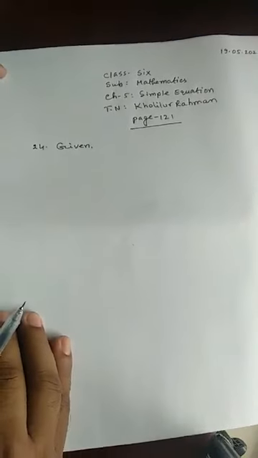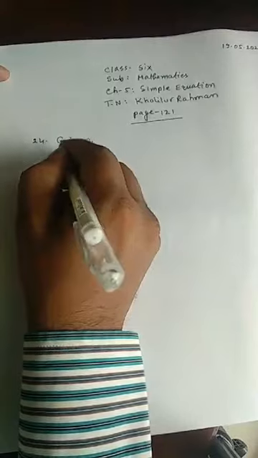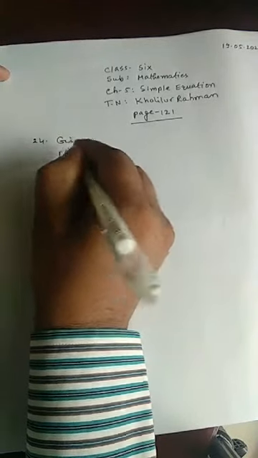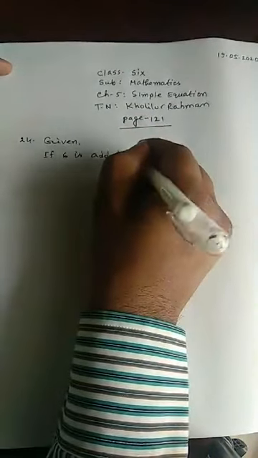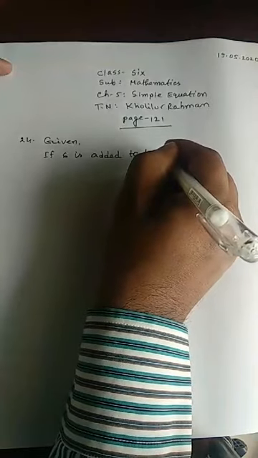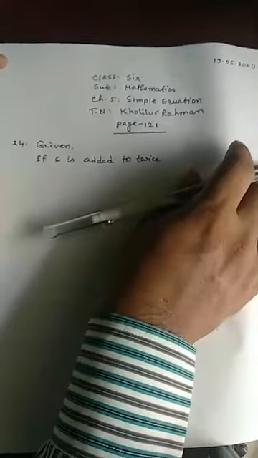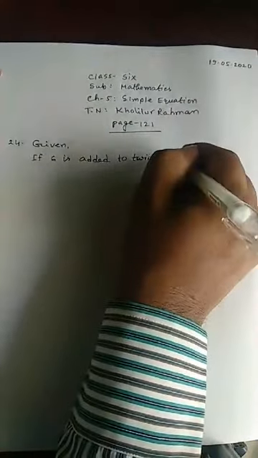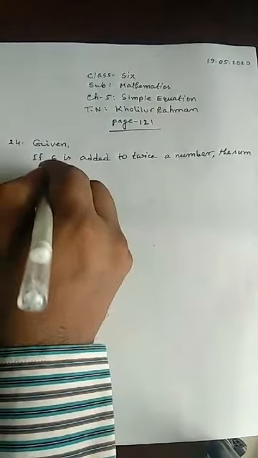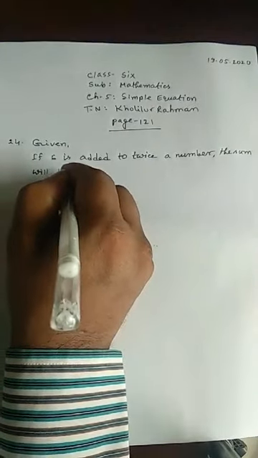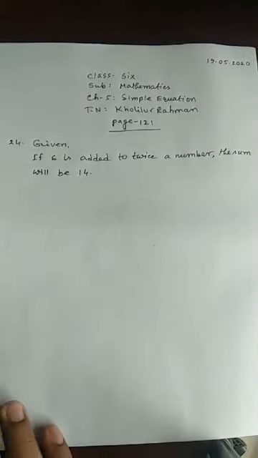Given, if 6 is added to twice a number, the sum will be 14.